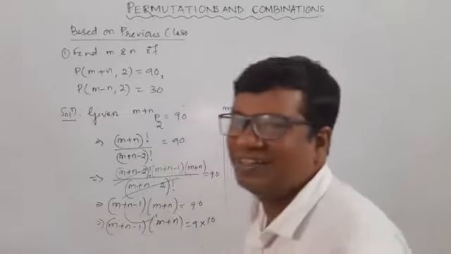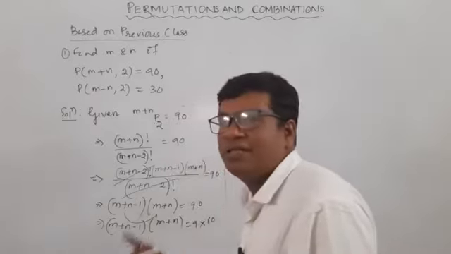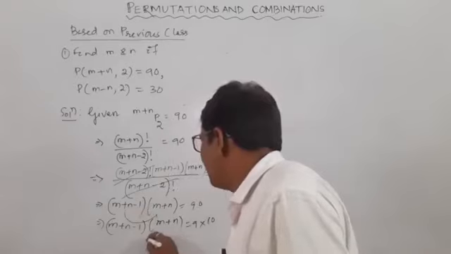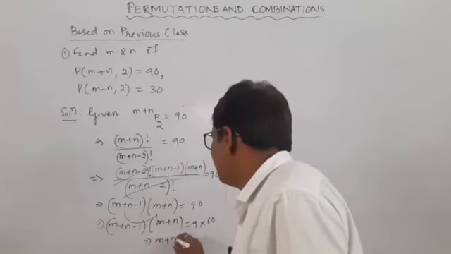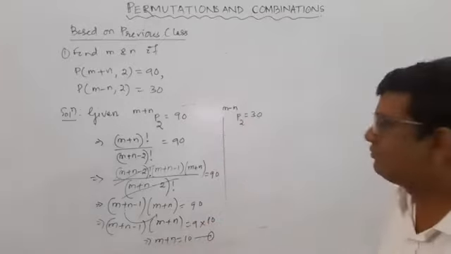From this we get m+n is equal to 10. This is equation 1. Very interesting question.